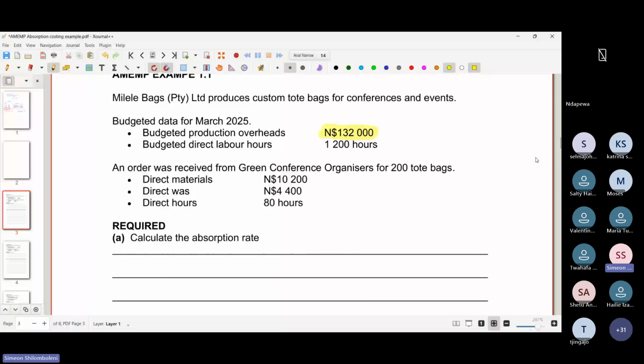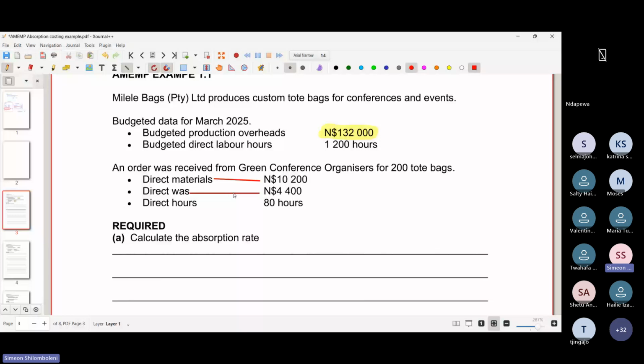Now, when you looked at your calculation, you now notice that 200 bags is going to require direct material. The material that you are going to put in your bag is going to require 10,200. Direct wages, here I just made a mistake when I was typing. It should be direct wages. Your direct wages, these are now people who are producing, you pay them per bag.